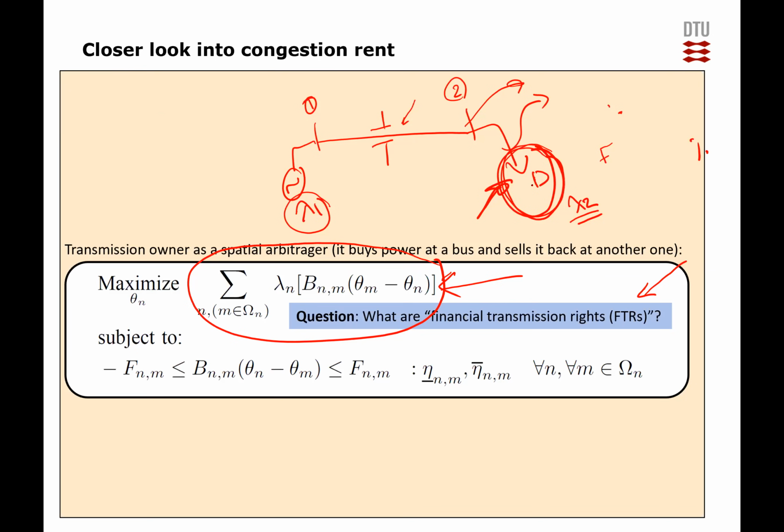So the revenue of the transmission system operator is independent of the operation of the system over the year. Is it clear? Good. Well, I'll not go deeper than that for FTR. I just like to give you some idea about what FTRs are.